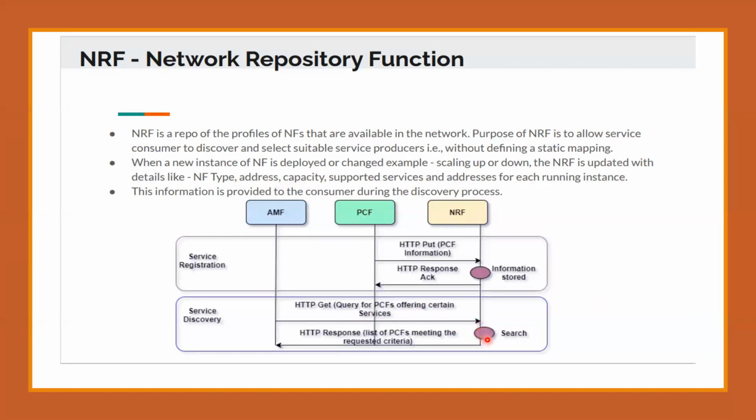And NRF is going to search within its repository which PCF can handle these services, and then it is going to send back a list of the PCFs which are meeting the requested criteria. And based on that, the AMF is going to communicate with that specific PCF. So this is the main functionality.